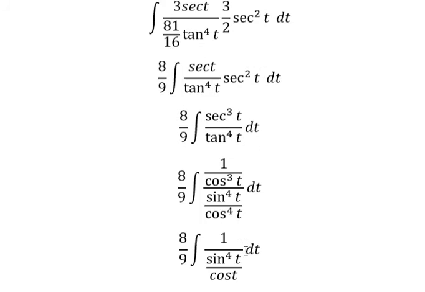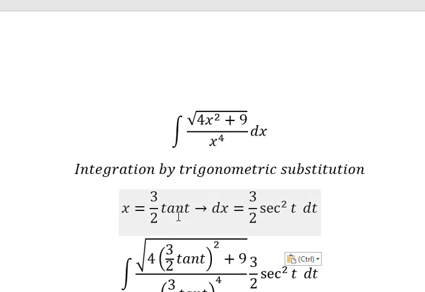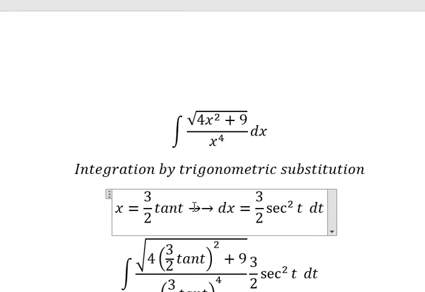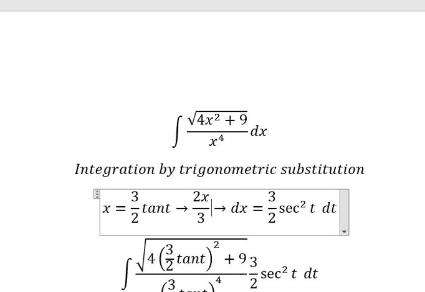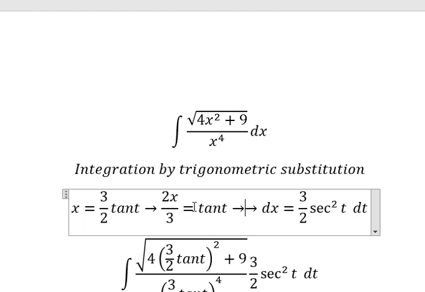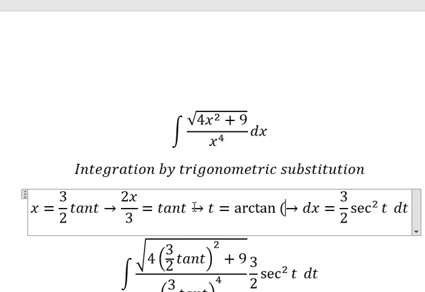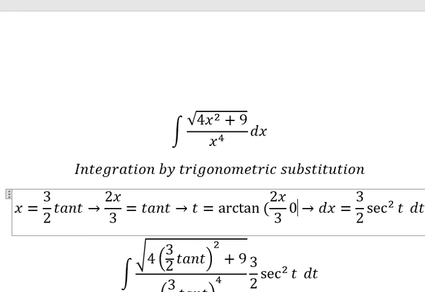For t, that is this one. So we need to divide both sides by 3 over 2. And you get 2x over 3 tan t. And now we get t equals to tan inverse of 2x over 3.